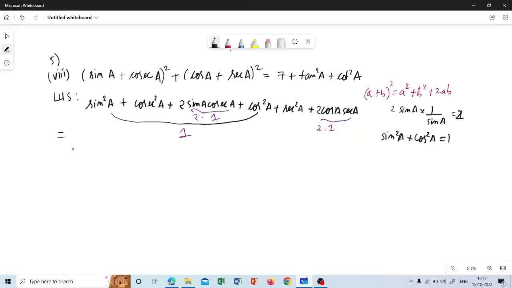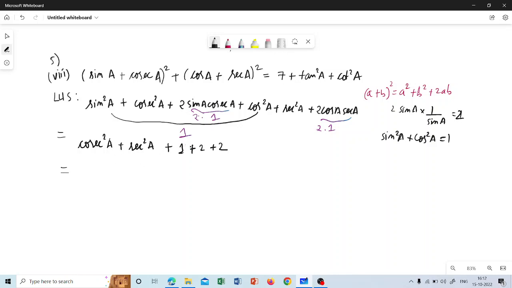Now the remaining terms are cosecant square a plus secant square a plus 1 plus 2 plus 2. So we have got the 5 here, and also we have got the secant and cosecant. So now what to do next? Let's see how to simplify this further.